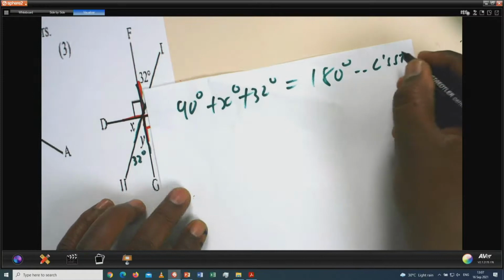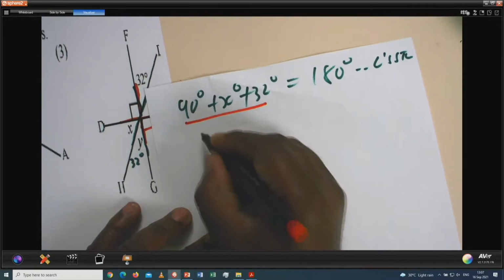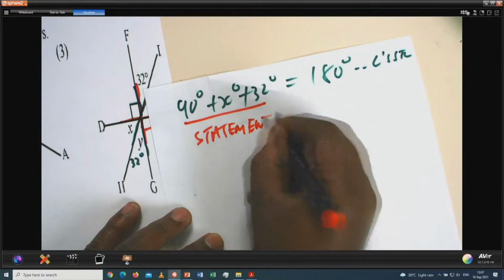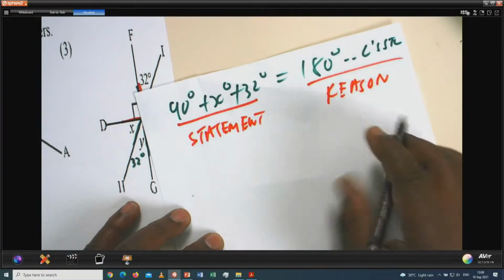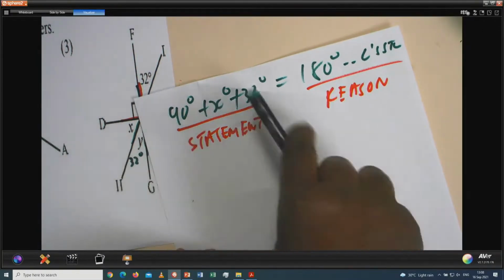There's nothing wrong there. Don't worry about the final answer. We always worry about the final answer. Statement, remember that. And your reason. Don't worry about the final answer. Right? Again, you work out your like terms.